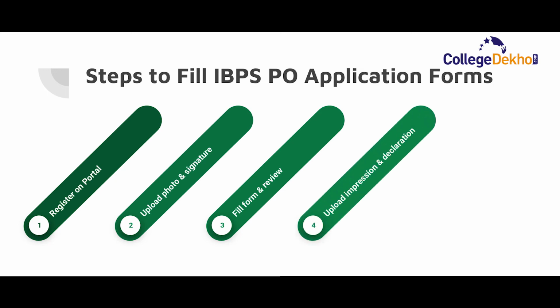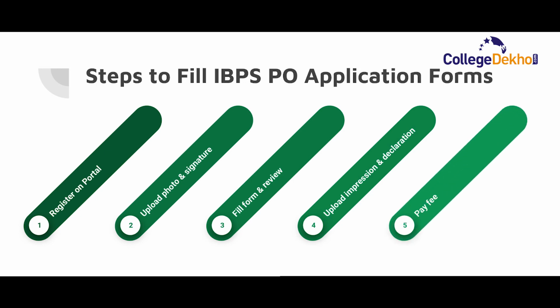The next step is to upload the left-hand thumb impression and handwritten declaration. We have already discussed the requirements and specifications for the documents. You have to upload all the documents as per those dimensions and specifications only. After you are done uploading these documents, the next step is to pay the application fee. You will be redirected to a payment gateway.